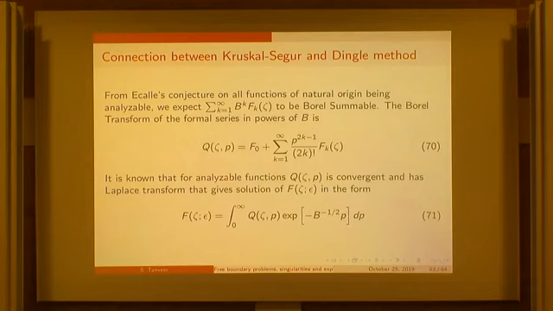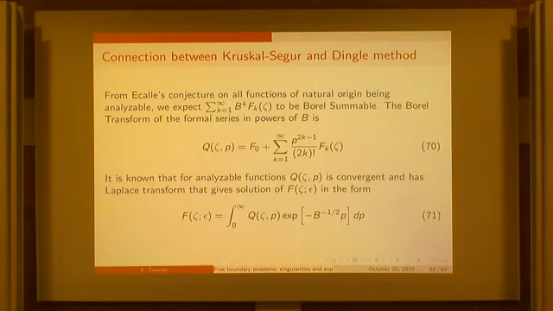And if you use Watson's lemma, which is the behavior near small p, which is the series, and integrate term by term, you generate this expansion. But the nice thing about the Borel theory is that it will generate an actual solution to the problem.